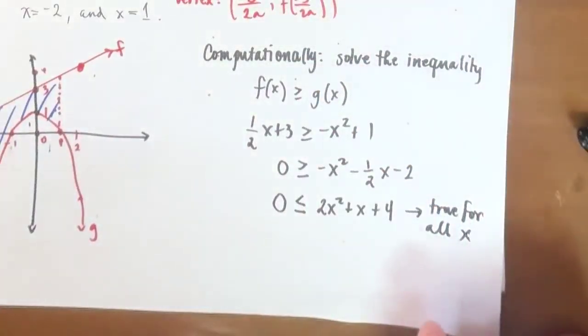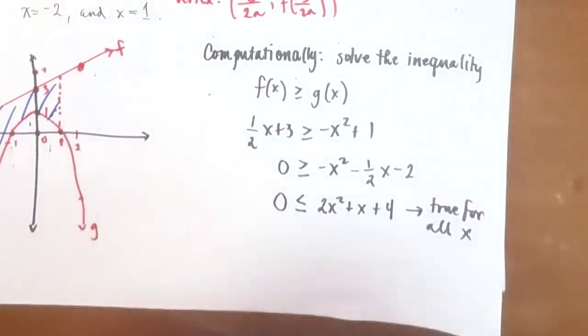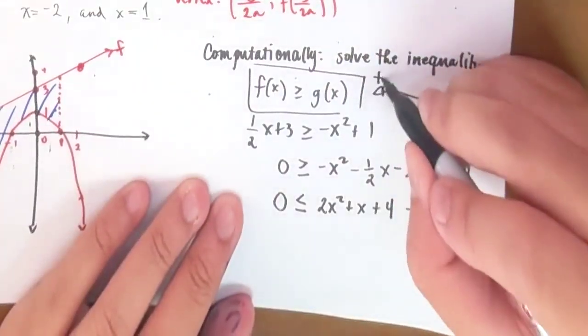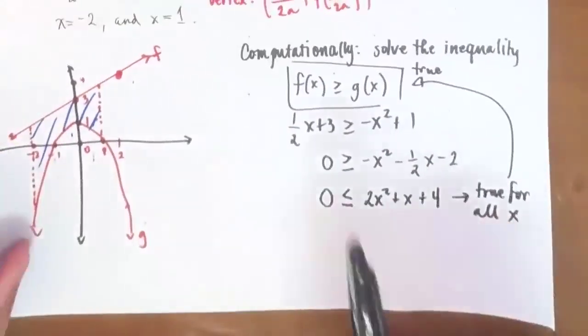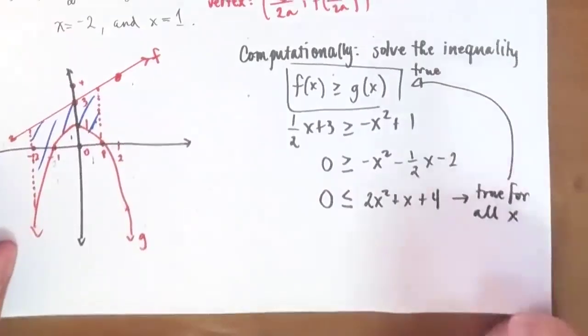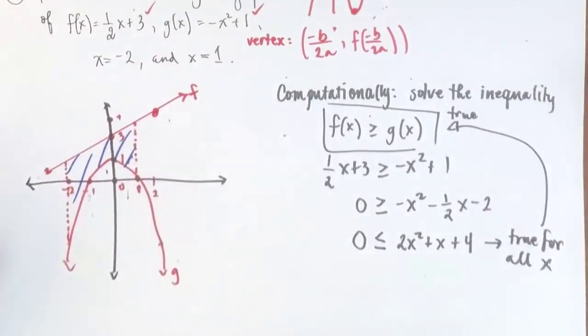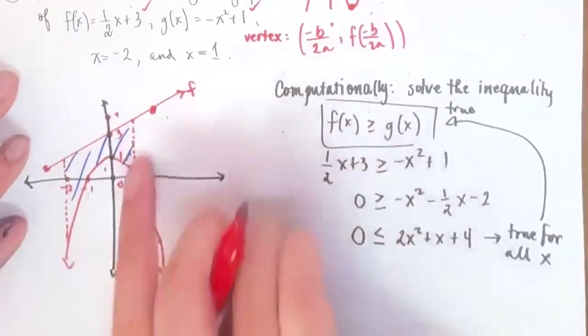So that means that for all x, this is true. So for all x, the f is above and the g is below, including from x equals -2 to 1. This means that we can then find this integral, this area right here.